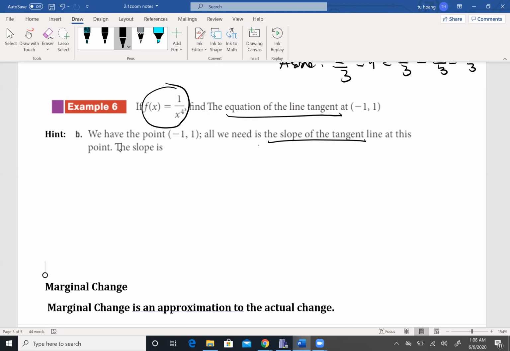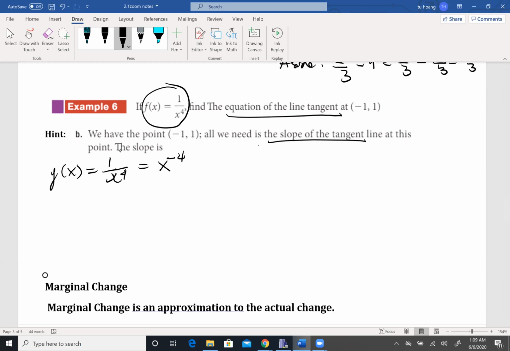So first thing, you need to take the derivative of f(x). In this case, you need to change f(x) to power form first, right? So I have f(x) equal to 1 over x^4, and I change it to power form as x to the power negative 4. You should know that.